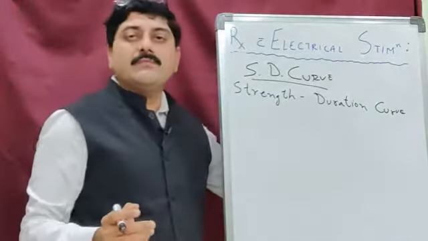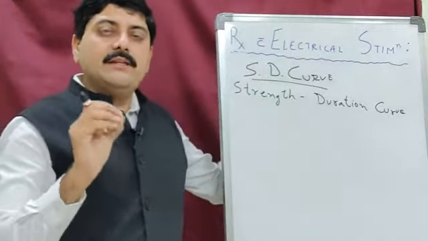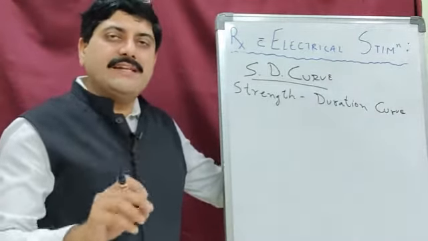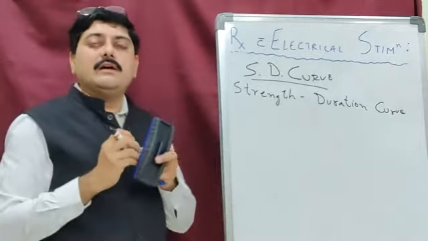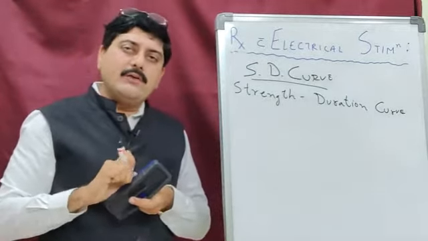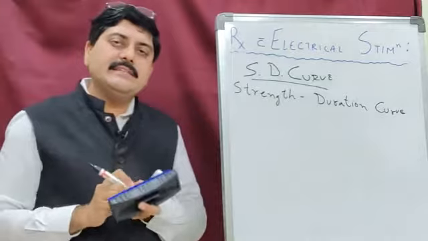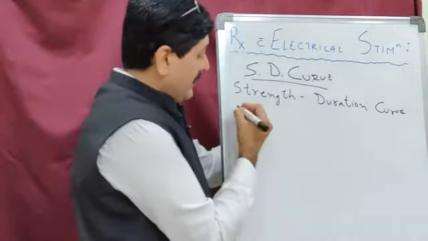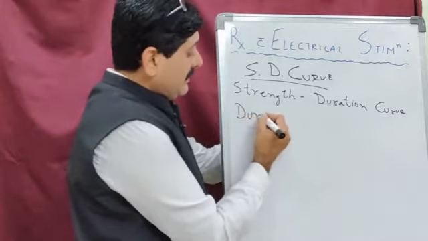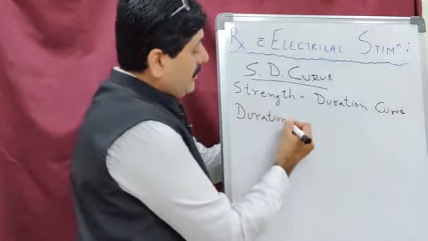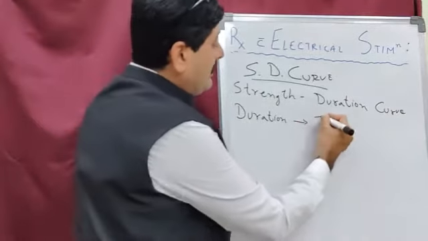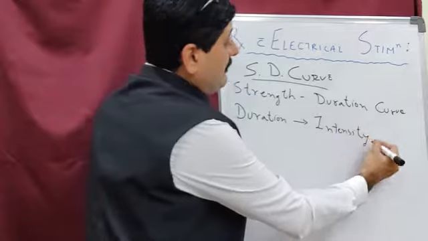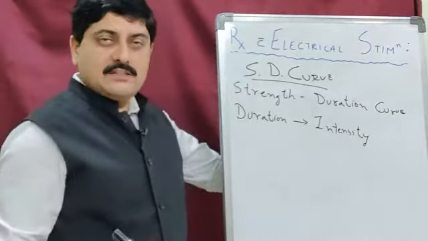We stimulate the muscle with a particular current with a particular strength and width of electrical stimulus, and we try to find out at what intensity the muscle is responding. Once we find out that with a certain duration of current, what is the intensity with which the muscle is responding.